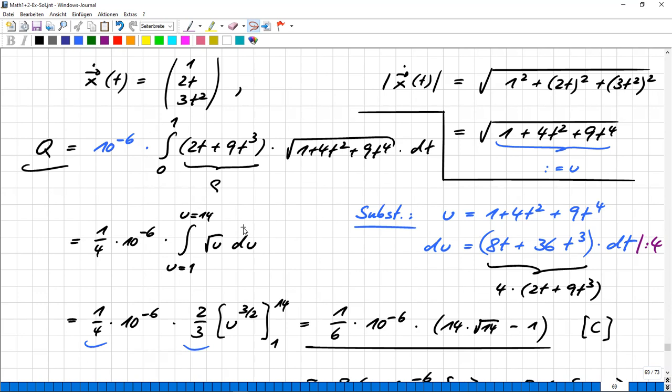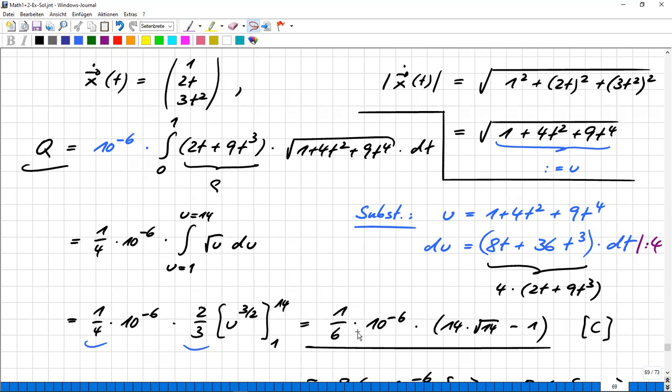We increase the power by 1, so we get u to the power 3/2. We divide by the new power, which is dividing by 3/2, or in other words, multiplying by 2 over 3. And then putting this together with the 1/4 prefactor, it's 2 over 12. Shortened, we get 1 over 6.